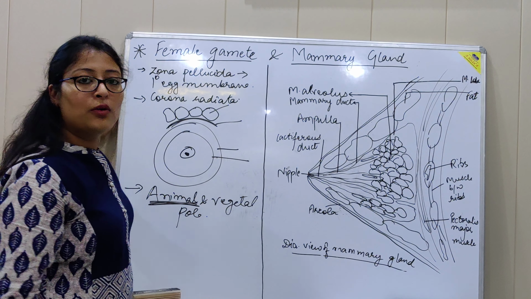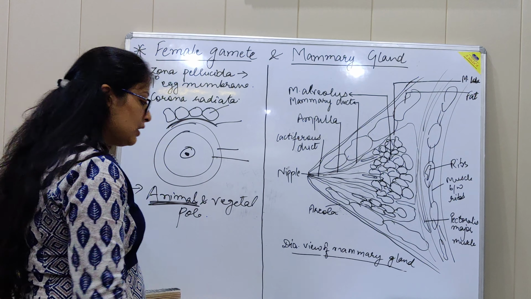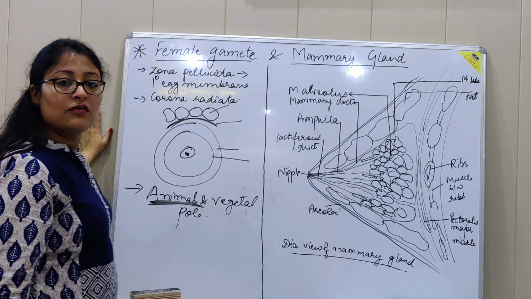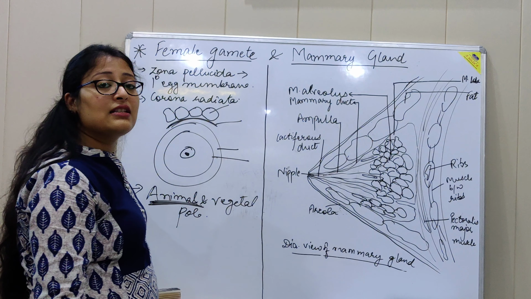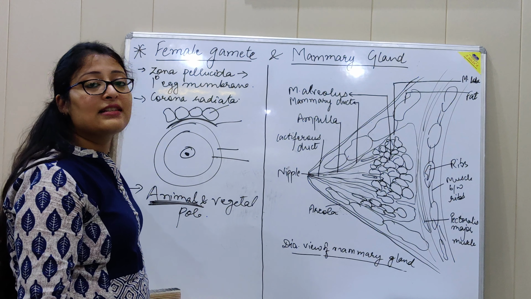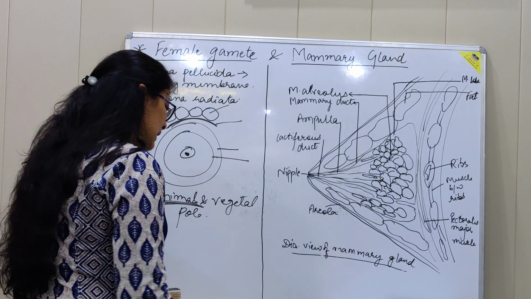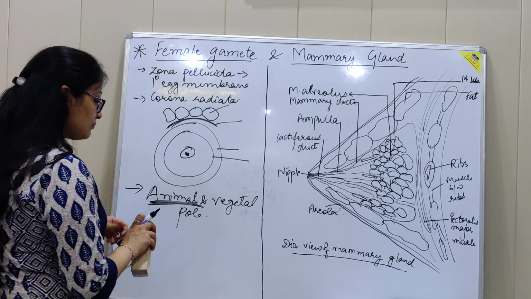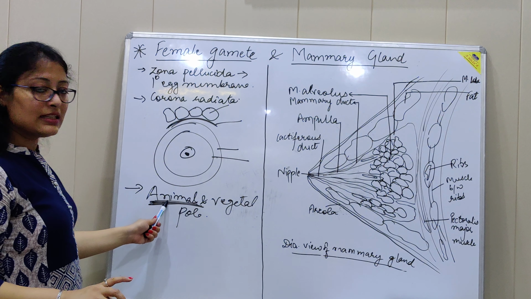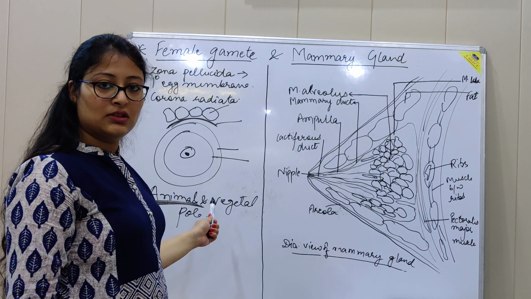Fertilization cone will form towards animal pole. This is the main pole, the site which is considered as the zone for the formation of fertilization cone. One more thing, nucleus site is also towards animal pole.